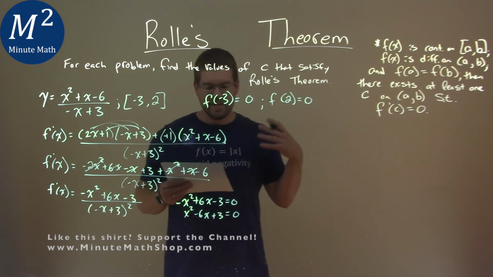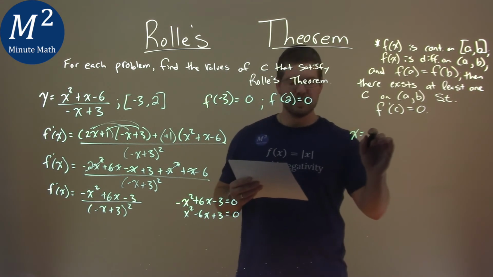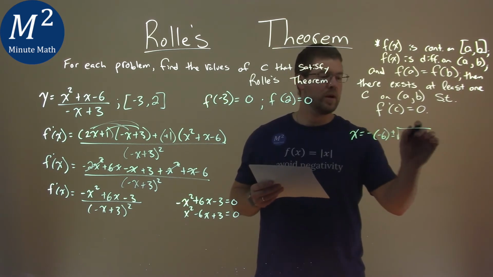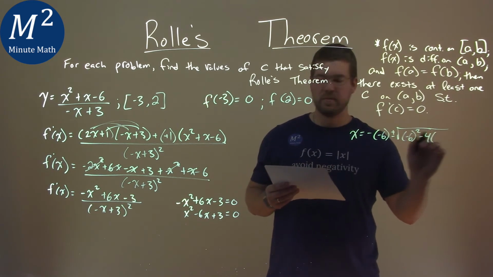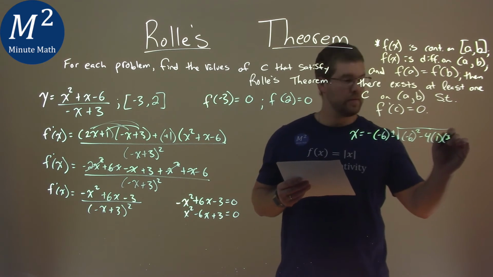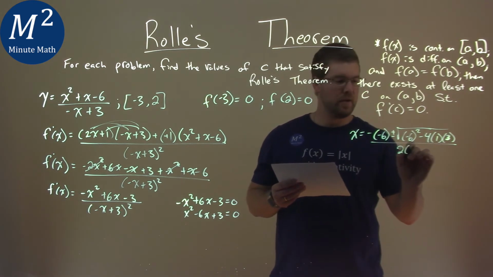With that, this doesn't really factor at all, so we have to use the quadratic formula. X is equal to negative b, which is negative 6, plus or minus the square root of b squared, negative 6 squared, minus 4 times a, which is 1, times c, which is a positive 3, all over 2 times a, which is 1.